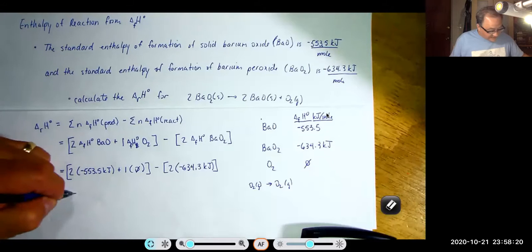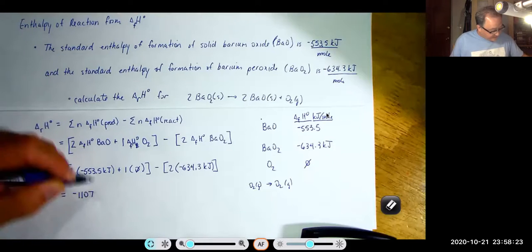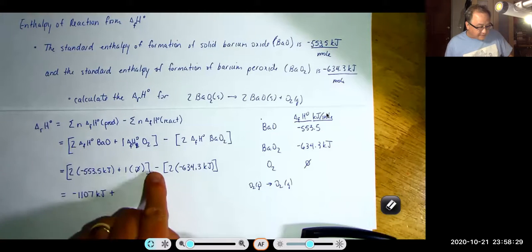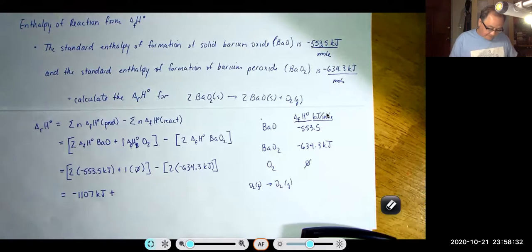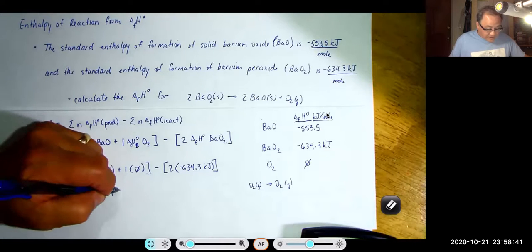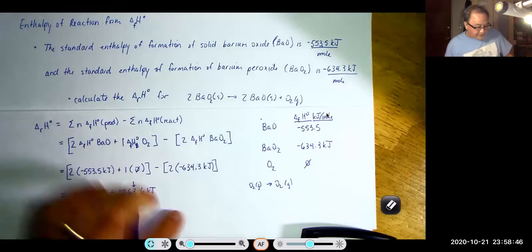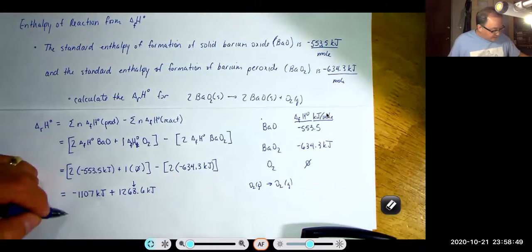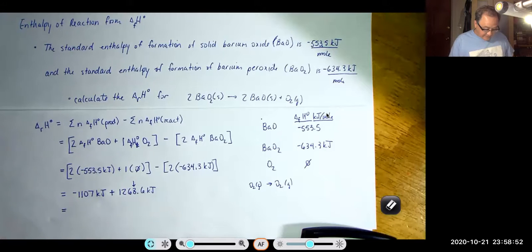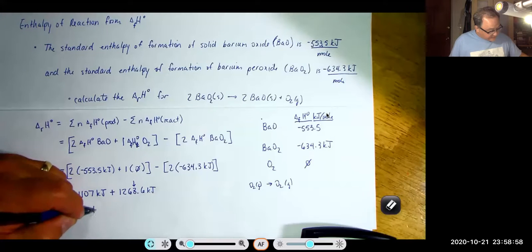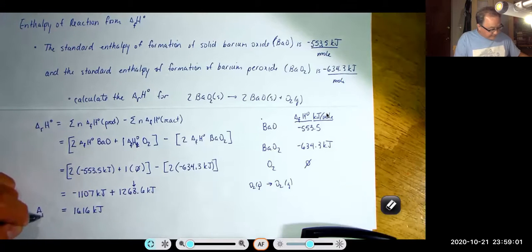And it's minus 1107 kilojoules, and then minus, and here I'm going to actually make that a plus because we have the negative of a negative here. So we have plus 1268.6 kilojoules. This is really only good to the 8 because 4 sig figs here, 4 sig figs here. And so when we add these two numbers together, we get 161.6 kilojoules is the enthalpy of the reaction.